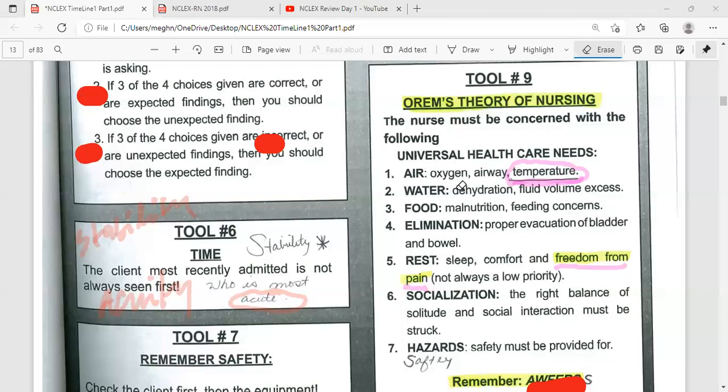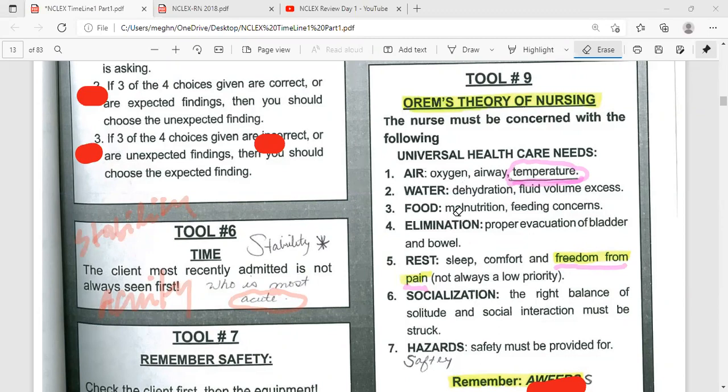A dehydrated person needs water for rehydration, while excess water can cause fluid volume overload. Orem's theory is useful in nursing practice.